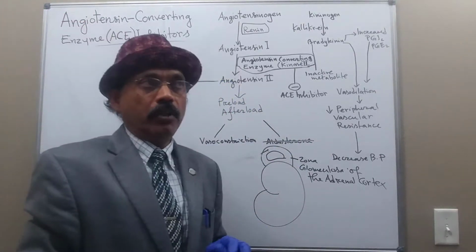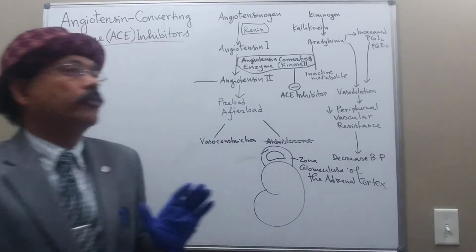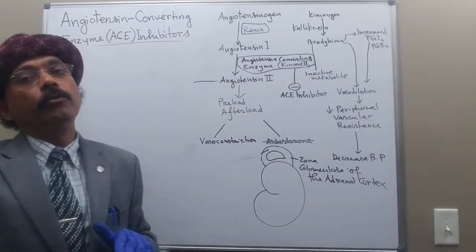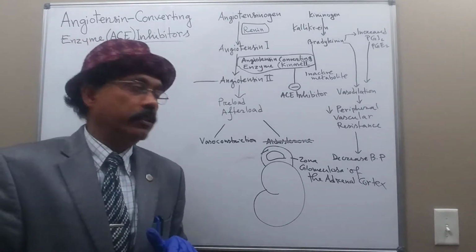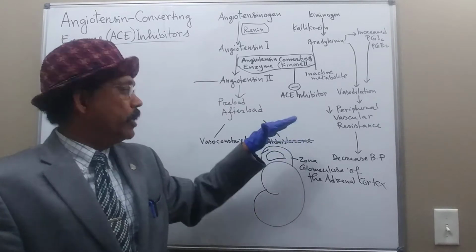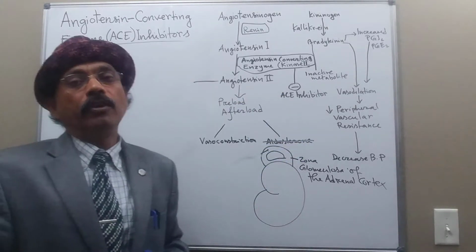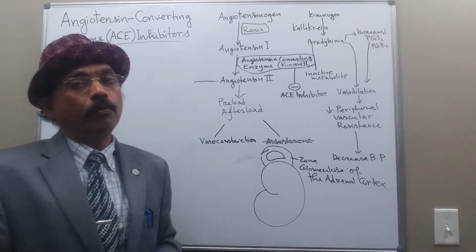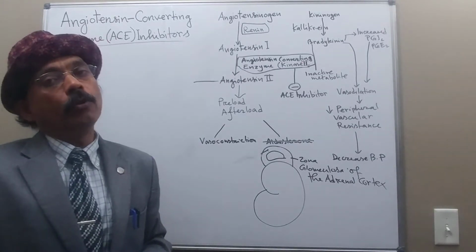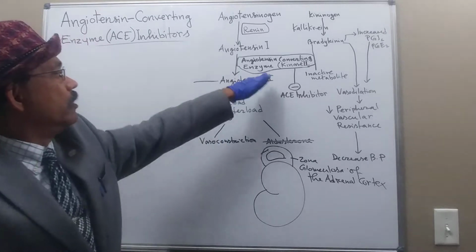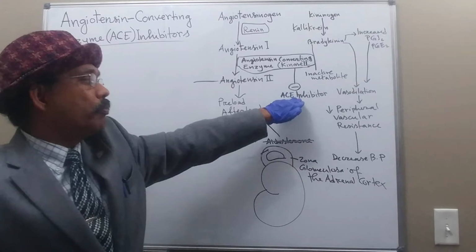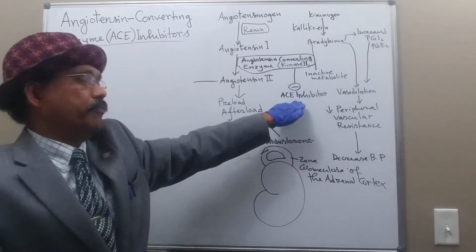So there will be vasodilation and the output of the sympathetic nervous system will be suppressed. So there will be no increase in the heart rate. And because aldosterone retains fluid, we have suppressed it. So there will be no retention of fluid in our body. So there will be a decrease in preload.